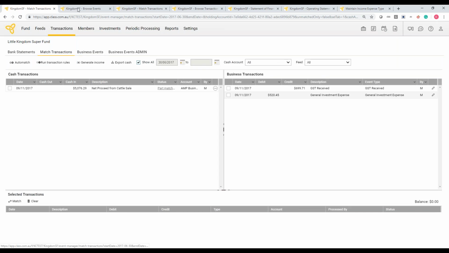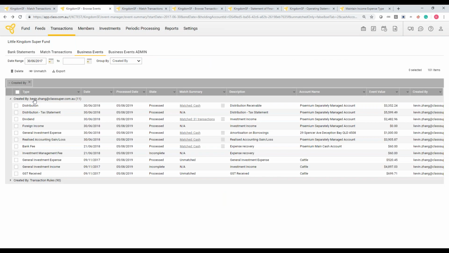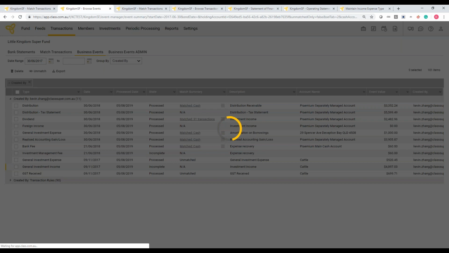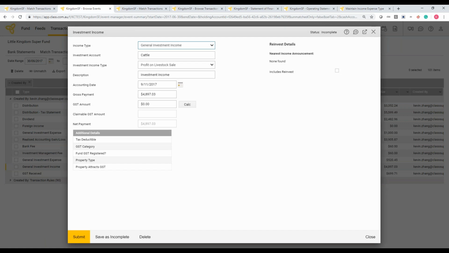The gain is already done here on the sale. It's calculated basically as 7696.74 minus the GST minus the costs, and so you made a gain. I recreated an income event or customized income, profit on stock sale, for 097.03. Submit that.